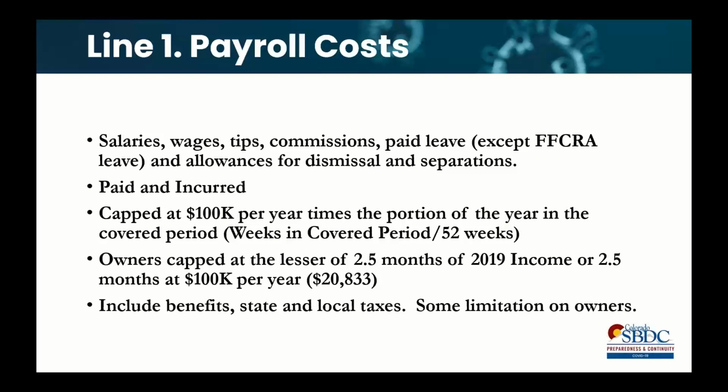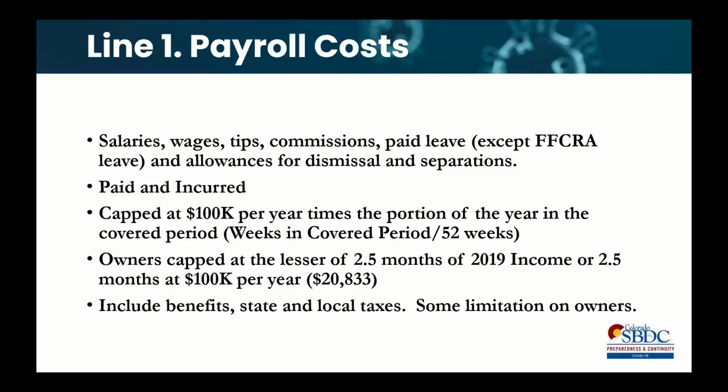If you use a number of weeks less than 24 weeks, the maximum will be $1,923 times the number of weeks in your covered period. You can pay your employees more, you just cannot count it towards the forgiveness amount. The other type of employee for whom cash compensation is limited is the owner employee.